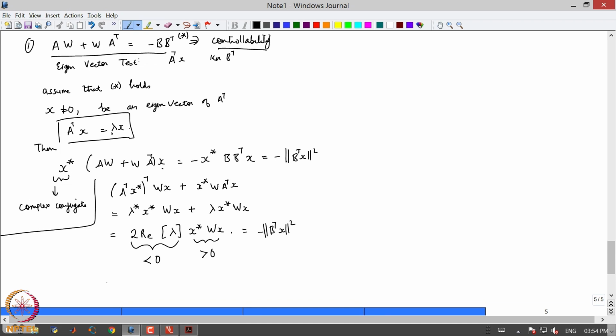And therefore, B transpose x cannot be equal to 0, which means that this eigenvector of A transpose is not in the kernel of B transpose, which actually means controllability.